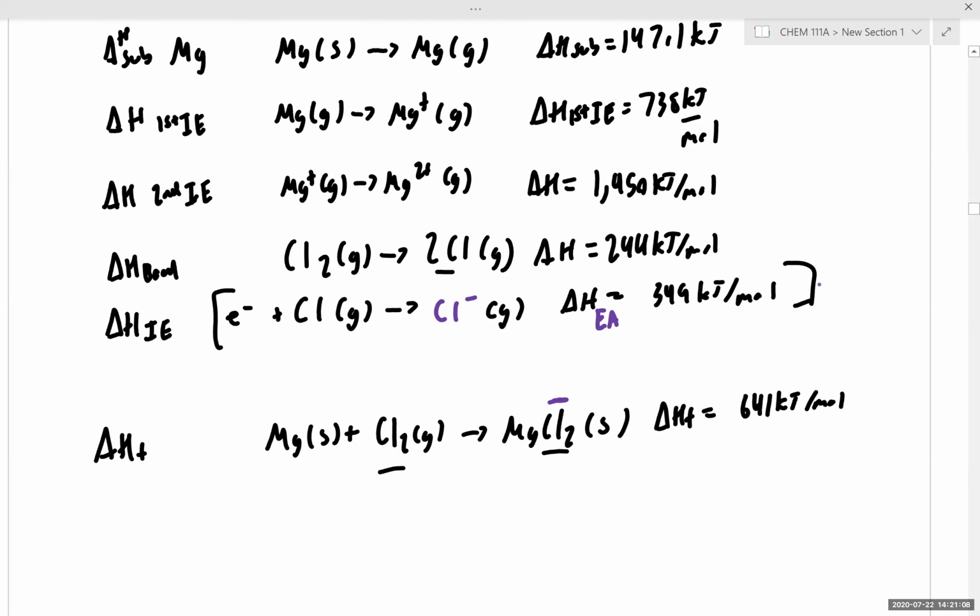So the reason why I'm getting ready to multiply this equation is, how many chloride ions do I need to produce? How many chloride ions do I need in magnesium chloride? 1 or 2 or 3 or 4?